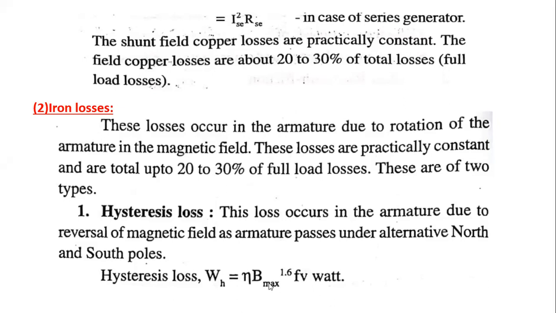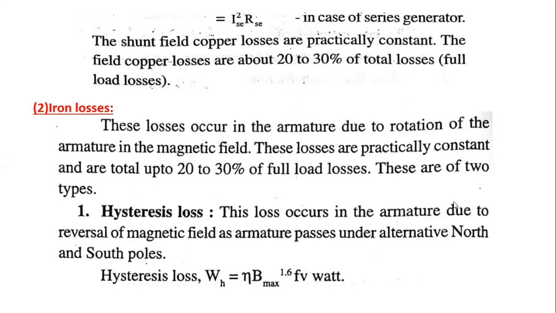Therefore, hysteresis loss Wh is equal to eta B max power 1.6 F into V. This is the formula for hysteresis losses, where eta is the hysteresis coefficient, B max is the maximum flux density, F is the supply frequency, and V is the volume. This is the hysteresis loss in a DC generator.